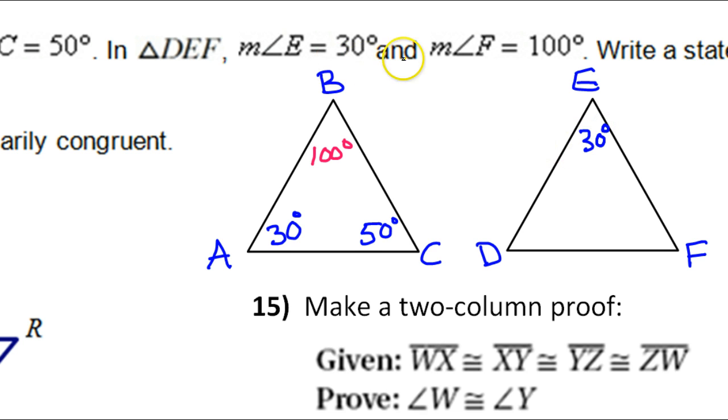And angle F is 100. So you see the 30 and the 100, and that means 50 is left, so you can be guaranteed that this will be 50. So when we make our congruency statement, we need to make sure that all the angles match up properly according to their degrees.